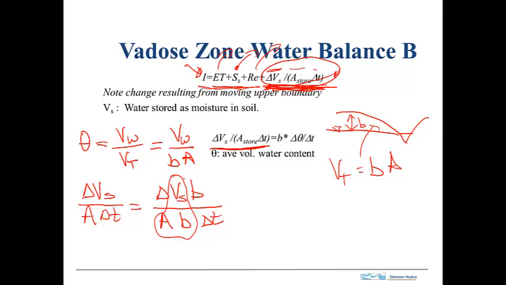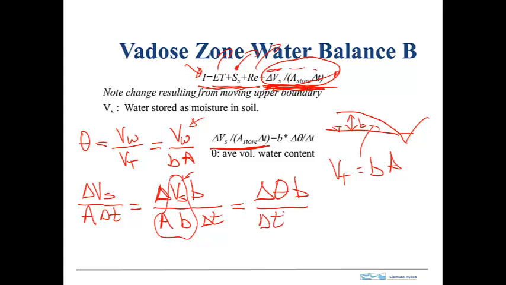Here I'm calling it the volume stored. Here I'm calling it the volume of water, but same thing. I have this delta, so what this means is that down here it's the change of the water content. So I'm going to write that change in water content times the thickness divided by time.